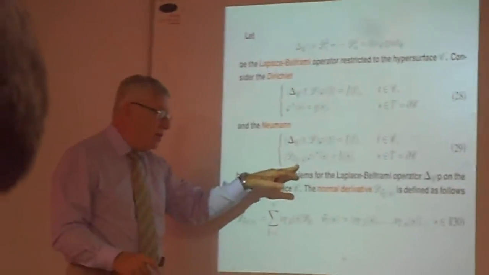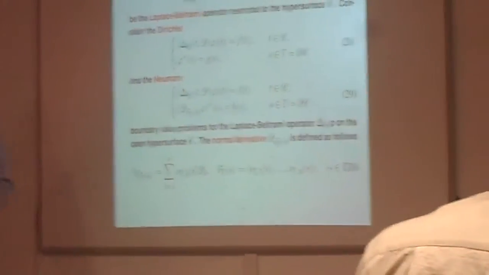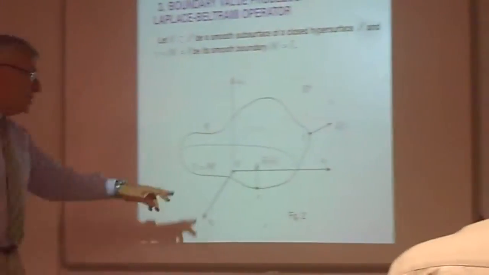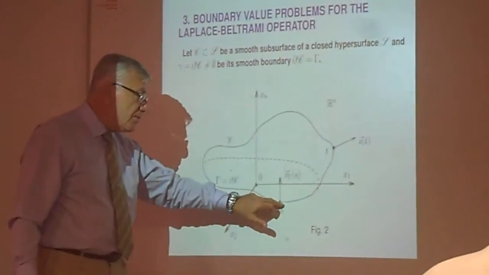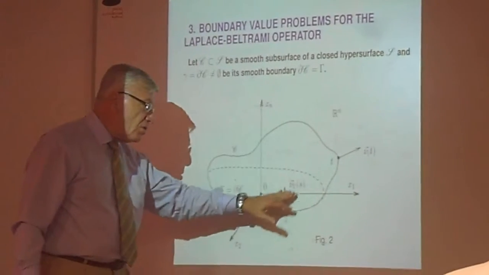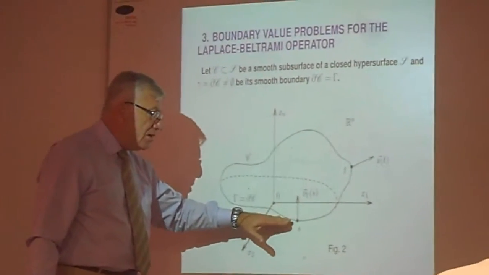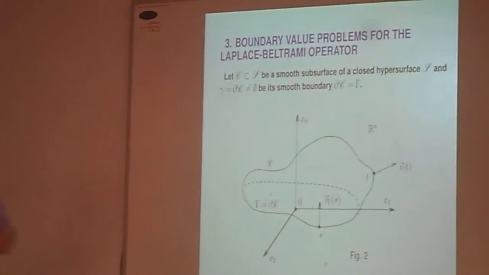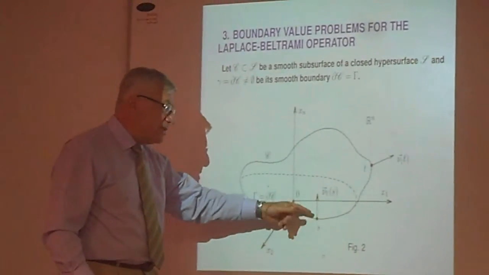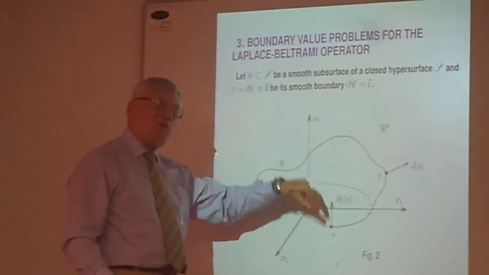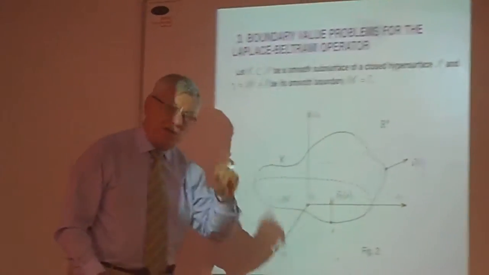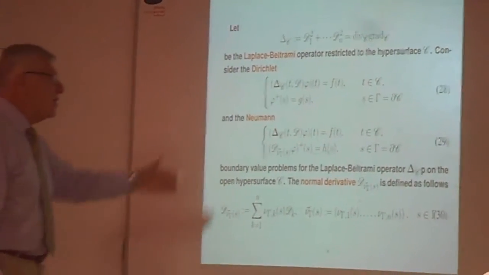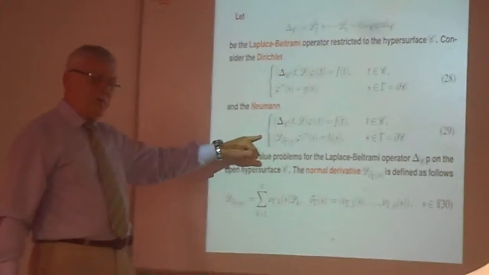This derivative is tangential to the surface, but normal to the boundary. Normal to the boundary are a lot of vectors, but such a vector which is tangential to the surface and normal to the boundary is only one vector field. So this is the Dirichlet boundary value problem, this is the Neumann boundary value problem.